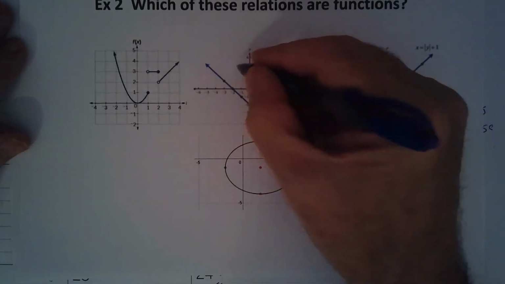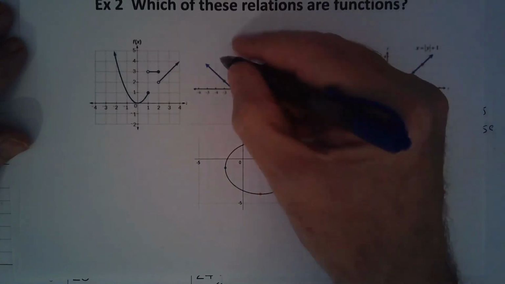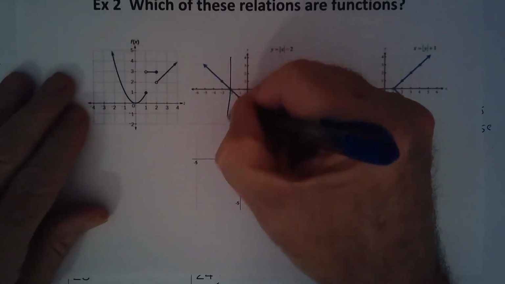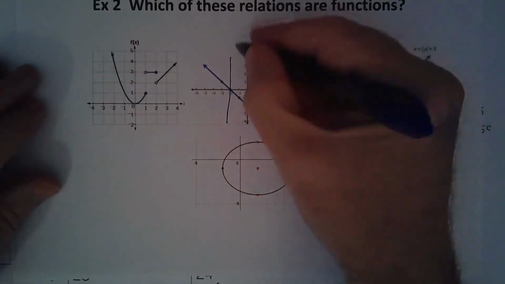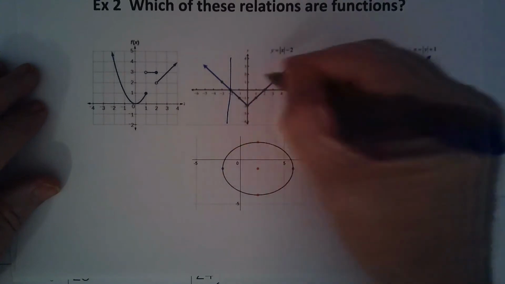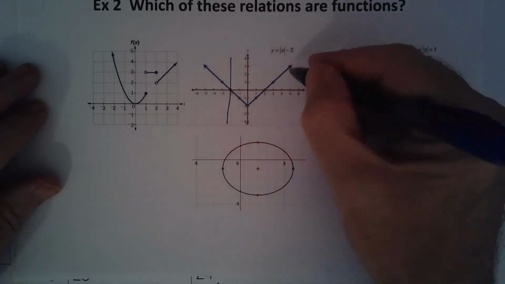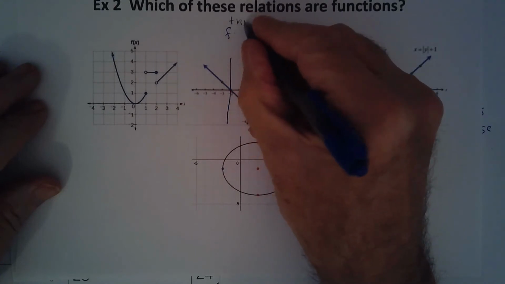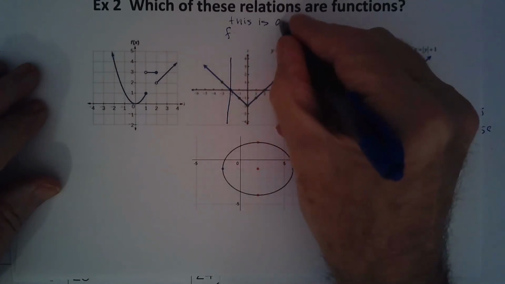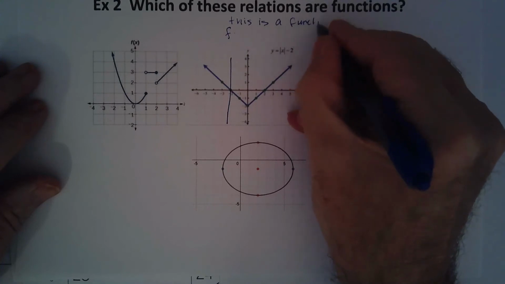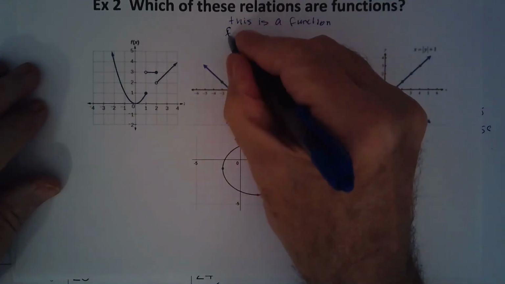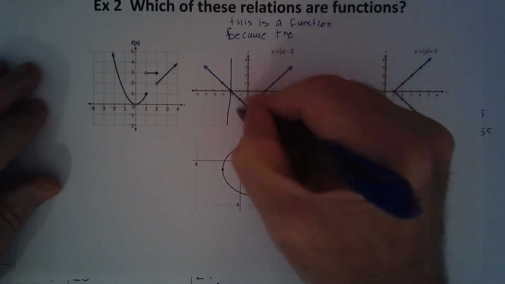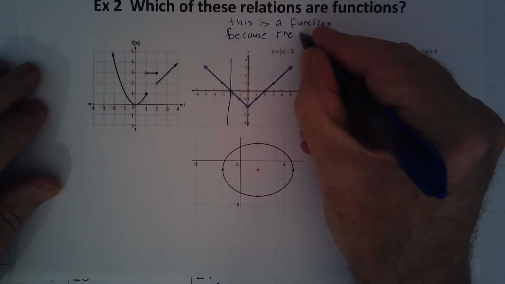So in the case of this absolute value function, wherever I were to put a vertical line, and I'm just going to arbitrarily put one there, it only passes through this absolute value function once. So this is a function because the vertical line passes through the function once.